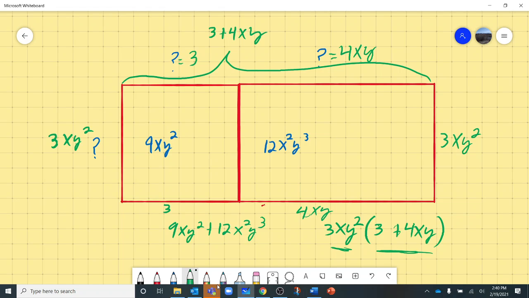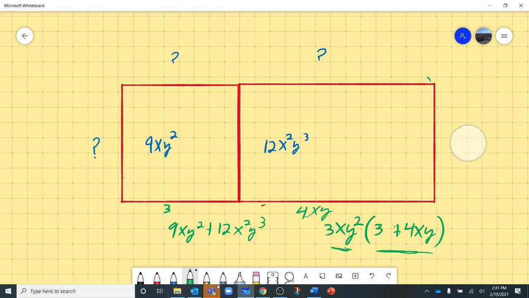Is there any other way that would make sense for this setup? I think that's probably the only answer that really makes sense, but let's look at a couple of other options. We know our factors are 3xy squared and 3 plus 4xy, but let's say the top side was 3xy squared.